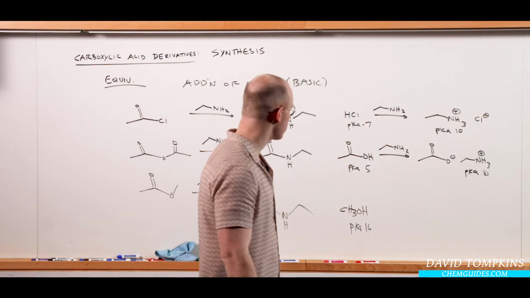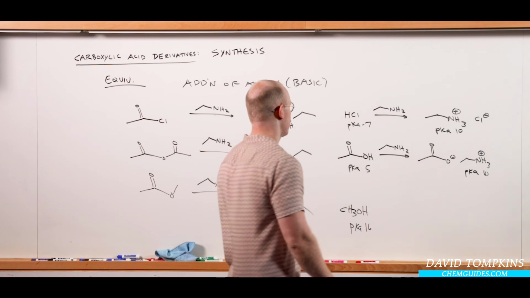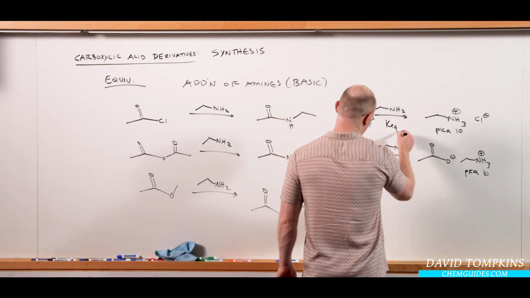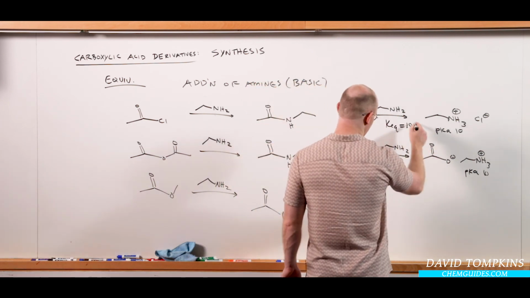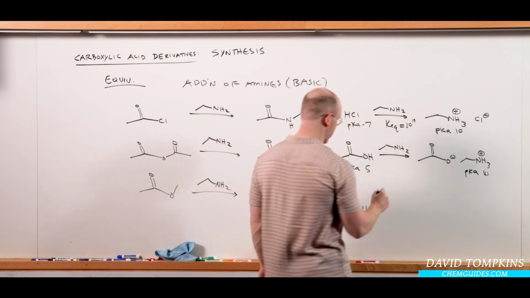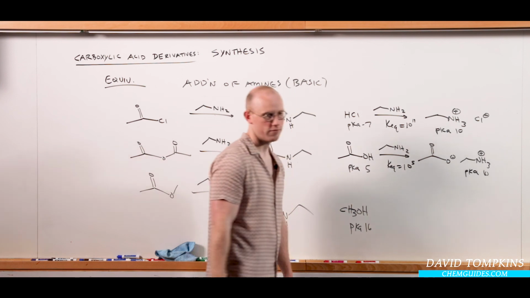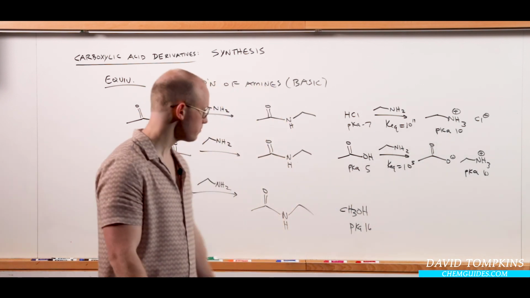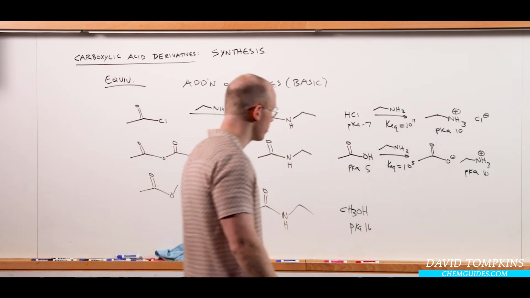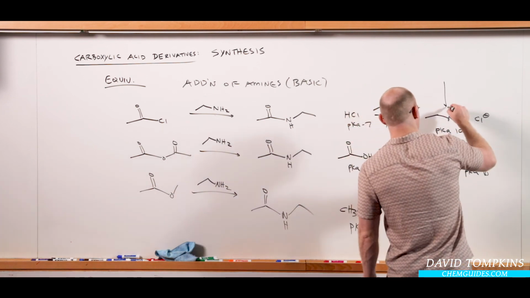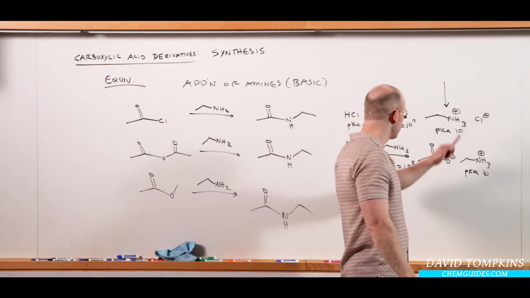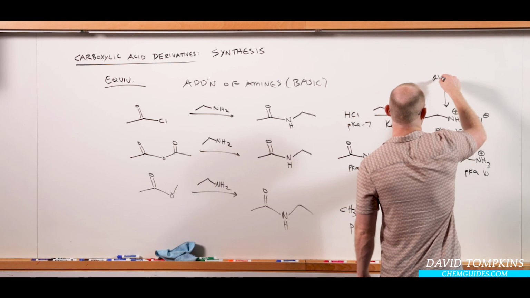So what we see here is the equilibrium constant for this reaction with HCl is super, super product favored, 10 to the 17. And it's still quite large, it's 100,000 to 1 for the carboxylic acid. So those are going to start ruining and fully, irreversibly protonating your amine.